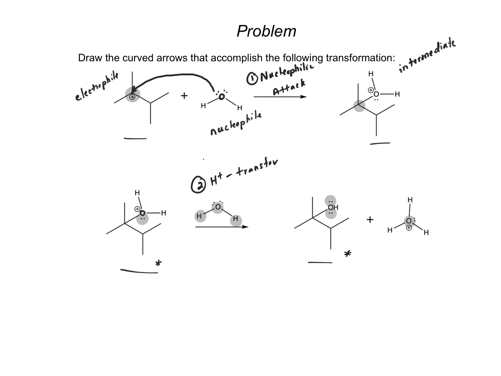And so in a proton transfer, we have our base. Our base, again, is going to have our electrons that are going to form the bond. This guy is our base. It's got a nice lone pair of electrons. The base is going to go out and take a hydrogen from the acid. This is our acid. The electrons that are here are going to stay behind.